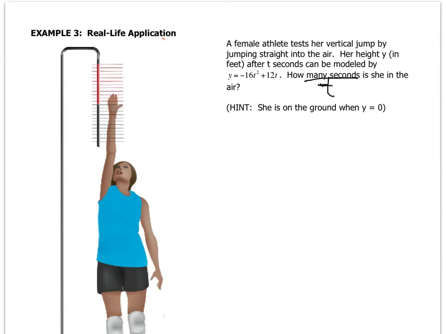So every single time she's on the ground, her y value is going to be 0. So if I want to figure out the time from start to finish, starting is at 0 and ending is at 0, then I can plug 0 in for y and get those two values and figure out the difference between her starting and ending value. So let's take our polynomial and plug in 0.